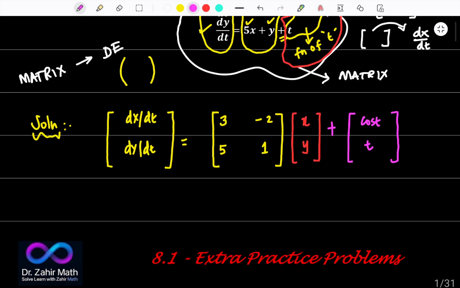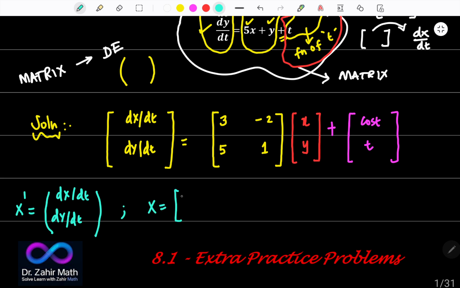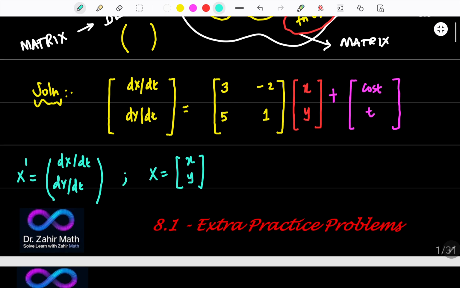You need to write again in a standard format. What is that? Usually in differential equations, we call the matrix dx by dt and dy by dt as X dash. Similarly, we call the column matrix of small x and small y as capital X. So you try to use these notations over here.